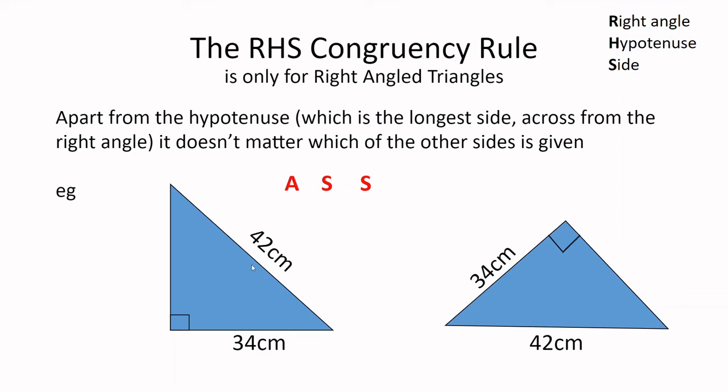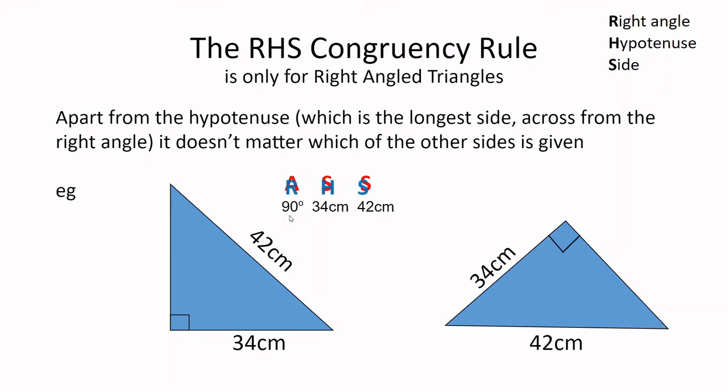I've got an angle of 90 degrees, a side length of 34 centimeters, and a side length of 42 centimeters. And even though I have the same information for both of these triangles, ASS, ASS is an insult, it's not a rule. However, pay attention to the angle that we're given. It's a 90-degree angle. It's a right angle.